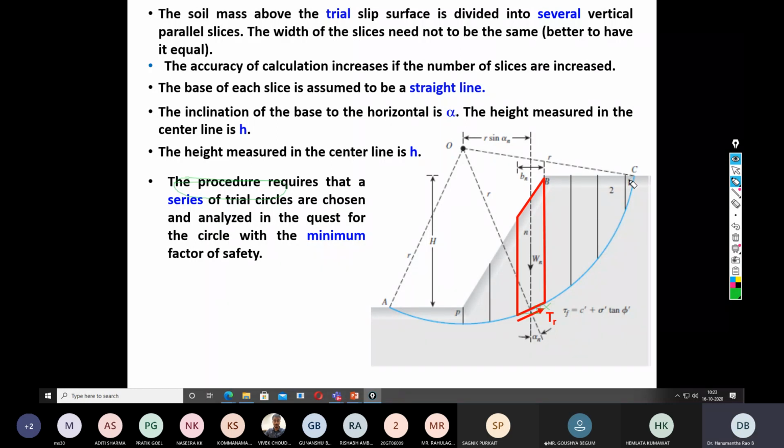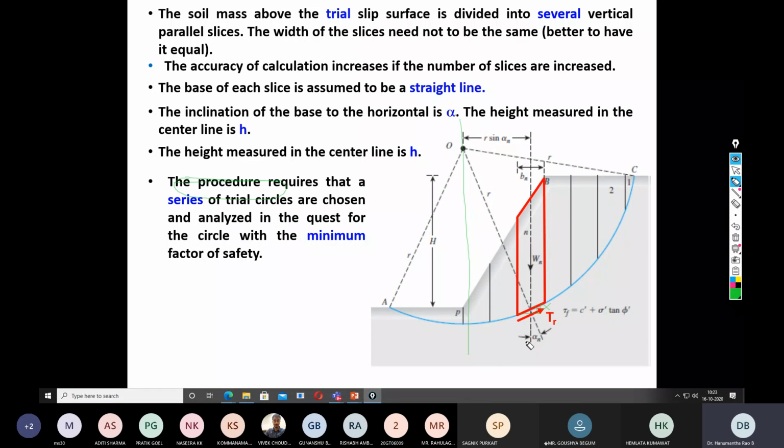The weight of each slice is different, and the lever arm distance of each slice is also different from the center of the circle. This is the center of the circle. If you draw a vertical line, on the right side there are a number of slices, and on the left side there are another number of slices.